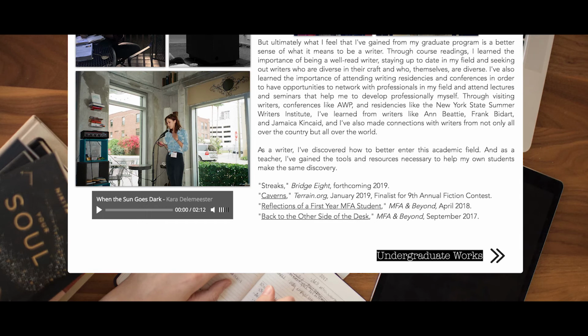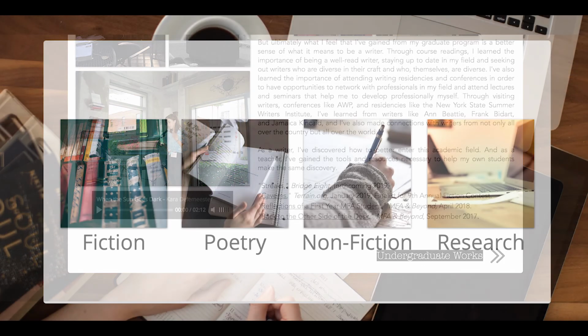And you'll also see that I have a link to my undergraduate works. When I first made my ePortfolio almost 2 years ago now, it was more focused on just collecting my graduate school experiences, but it also had a lot of my things from undergrad because I didn't have a lot of stuff from grad school yet because I was just starting out.